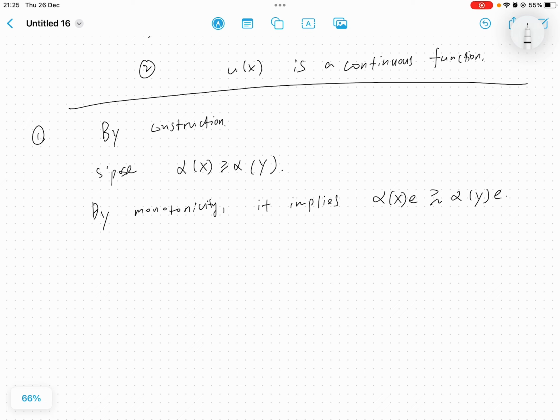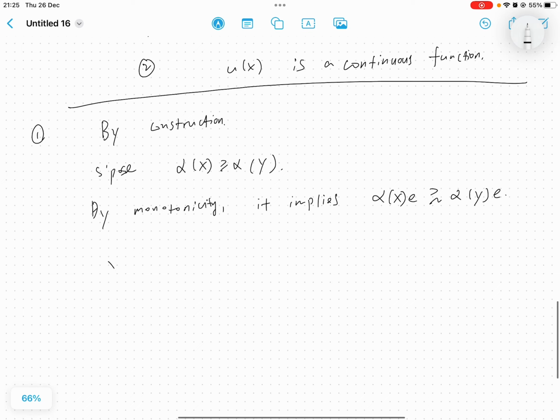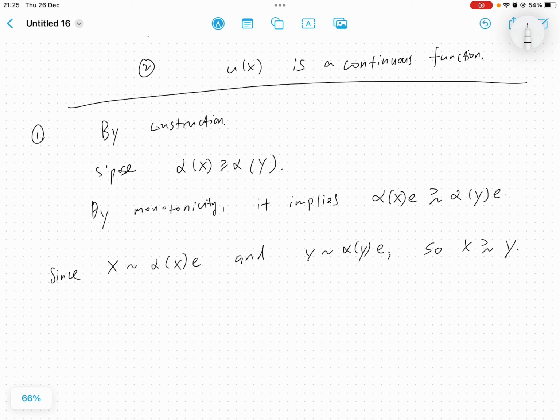And because x is indifferent to alpha x e and y is indifferent to alpha y e, by transitivity, x is weakly preferred to y. So we have proved one direction.